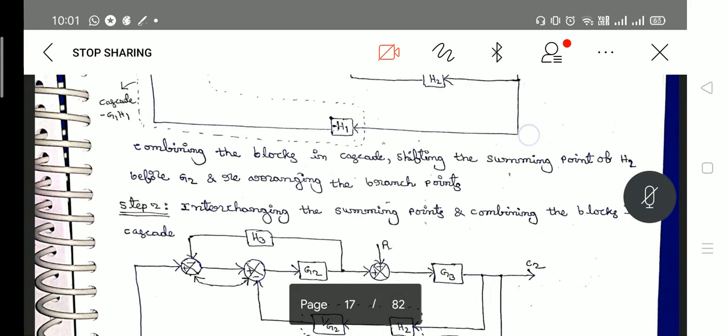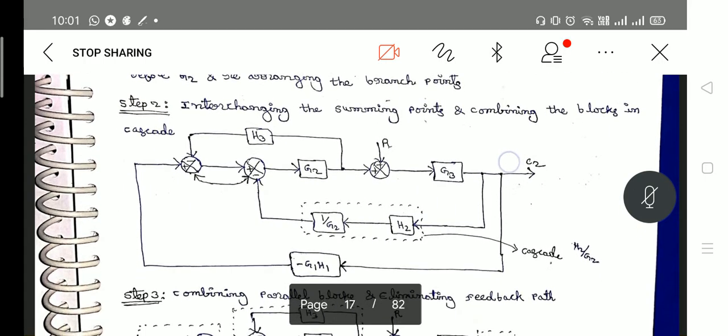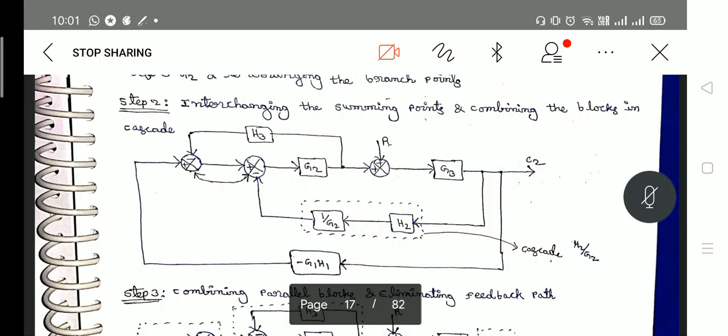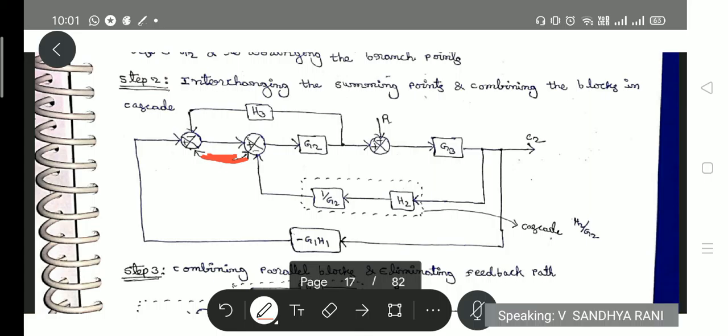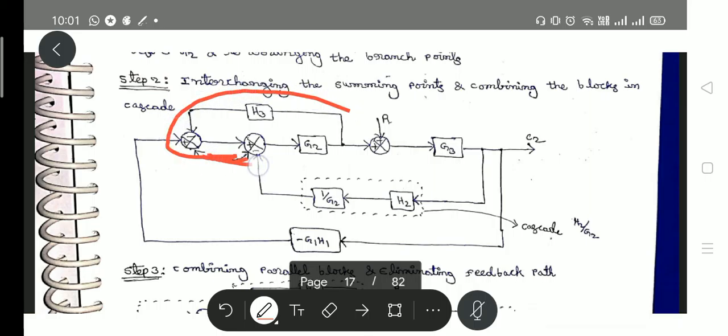Okay, then what will happen, 1 by G2 with no feedback, and these two are interchanging, so again the summing points will be interchanged here. Then we will get these both in a feedback loop to eliminate after interchanging, and these two are cascaded here, so H2 by G2.